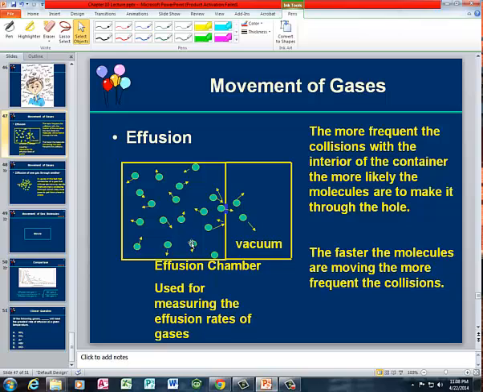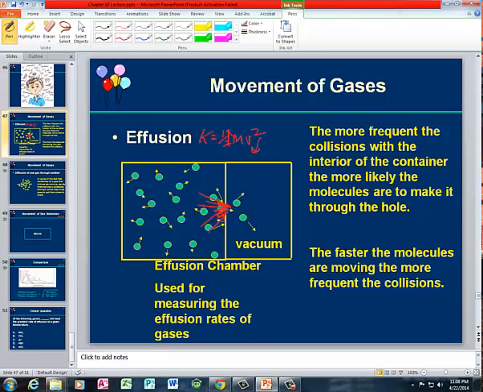And what you want to remember about this is that the kinetic energy is equal to 1/2 times the mass times the velocity squared. So the heavier the gas, the slower the velocity. The lighter the gas, the higher the velocity. And the higher the velocity, the more shots that get taken at the little tiny pores that exist in a container.